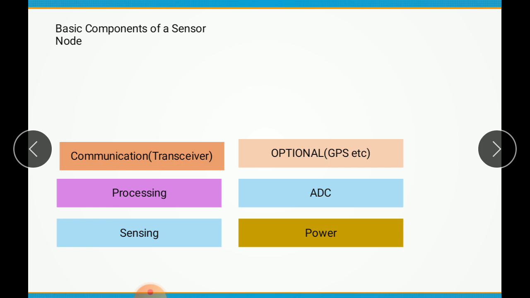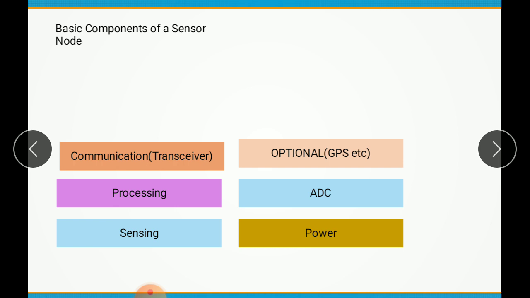Now we talk about the components of our sensor node. There are some specific terms that are necessary for our nodes, like power consumption. Power is very necessary to operate the sensor, and the node requires very low power consumption.